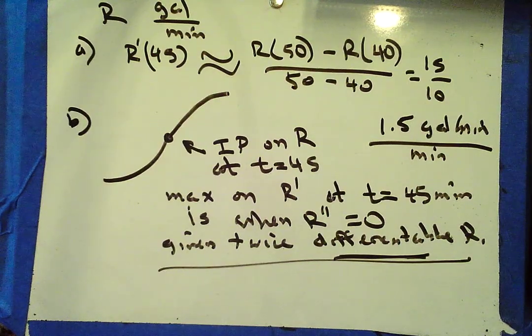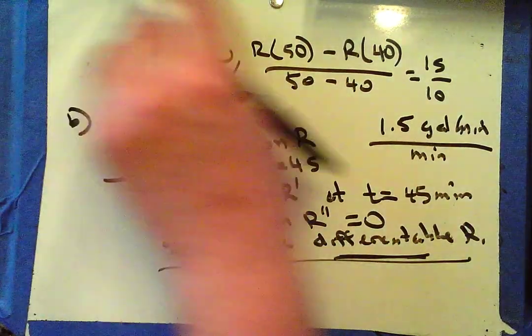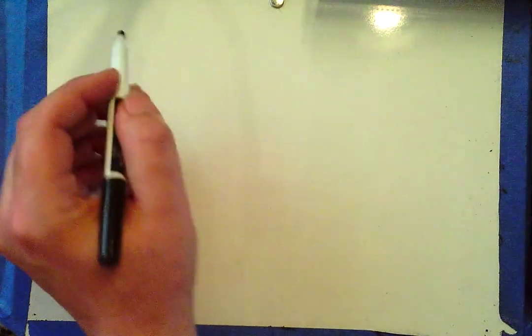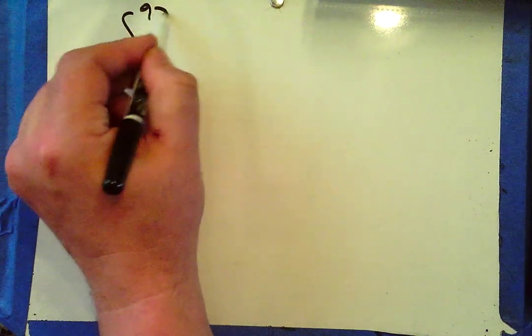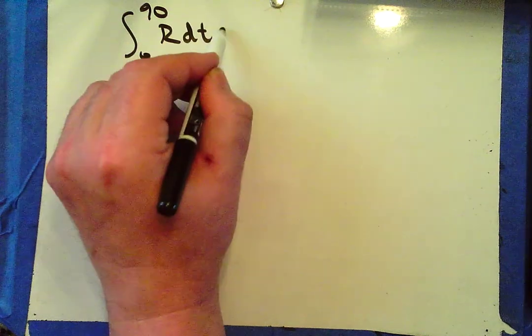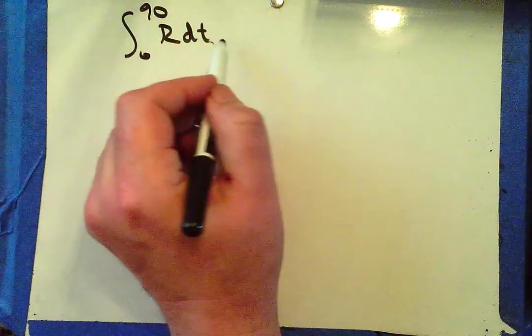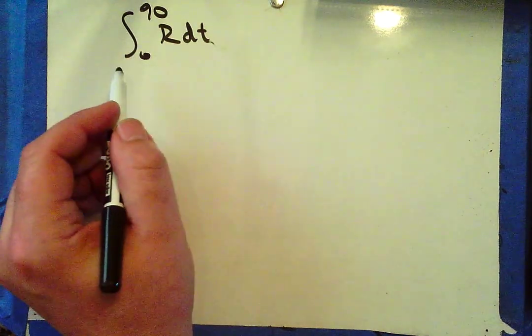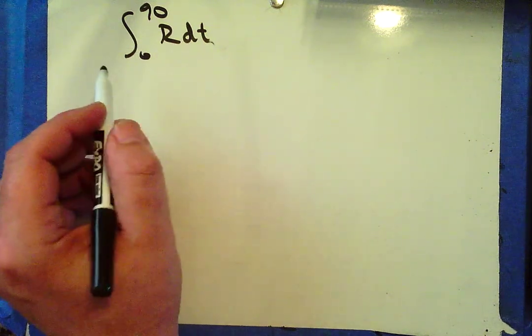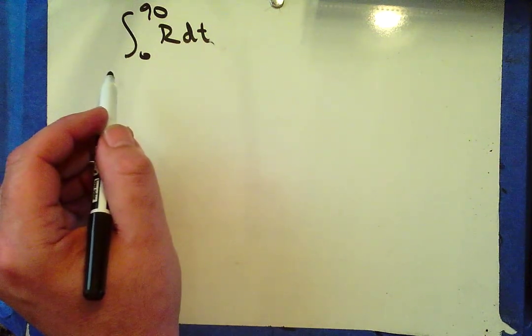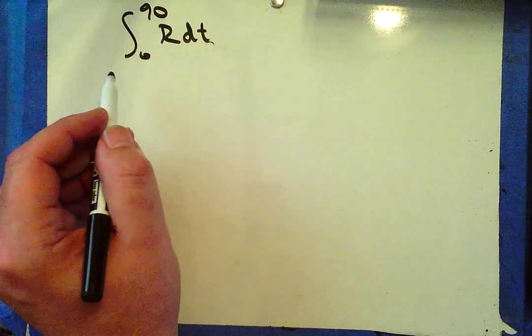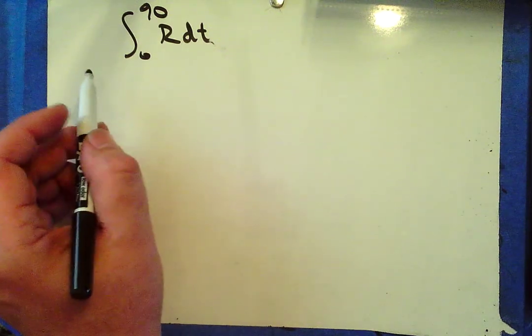Part C, approximate the value using a left Riemann sum with 5 subintervals. So we want the integral from 0 to 90 of R of t dt. The subinterval widths are not all the same, so again, I can't use any shortcuts there.